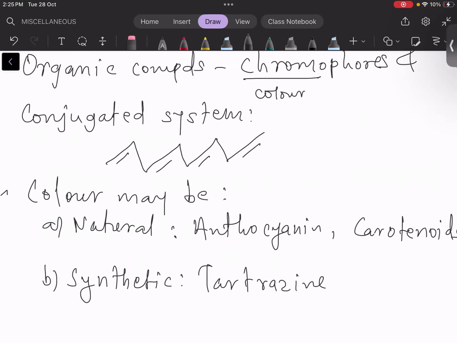Tartrazine gives a color similar to blood red, you can say. Then second, allura red, etc.